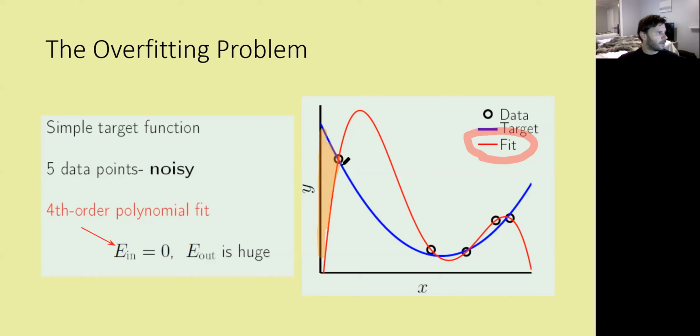So the out-of-sample error here would be identified graphically by this entire orange region, where we are seeing a divergence between our target function, our data generating process in blue, and the model fit that we're looking at here in red. Again, the orange region is our measure of out-of-sample error, and you can see the out-of-sample error is definitely not 0. It is very big here.